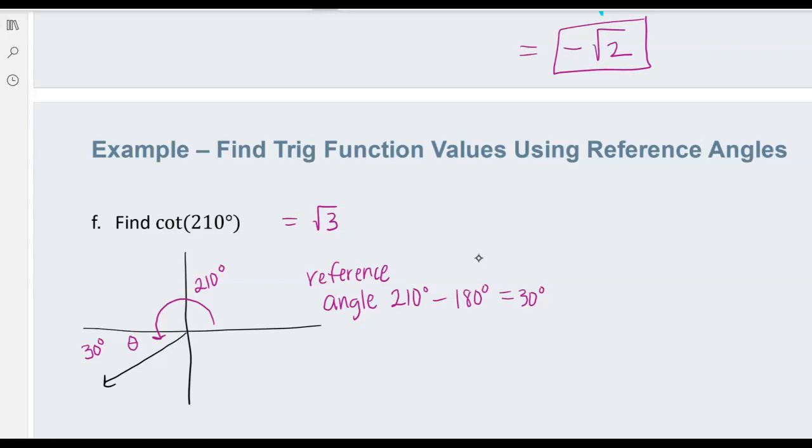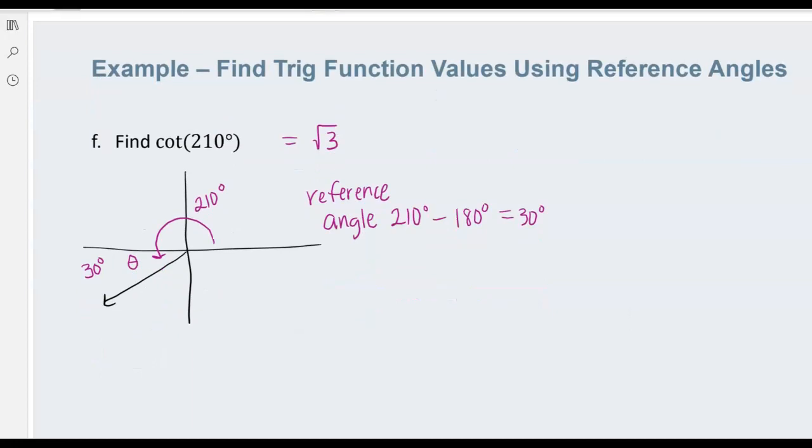You'll notice that on your calculator you don't have a cotangent button, but what you can type in the calculator is 1 over the tangent of 210 degrees, because tangent is in the calculator. What we need to think about is, what is the sign?